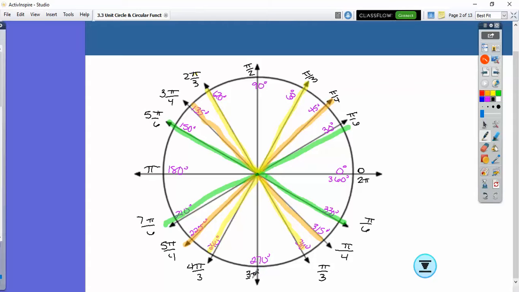And what's the pattern in the fourth quadrant? Times 2 minus 1. So 6 times 2 is 12, minus 1 is 7. 4 times 2 is 8, minus 1 is 7, 3 times 2 is 6, minus 1 is 5.